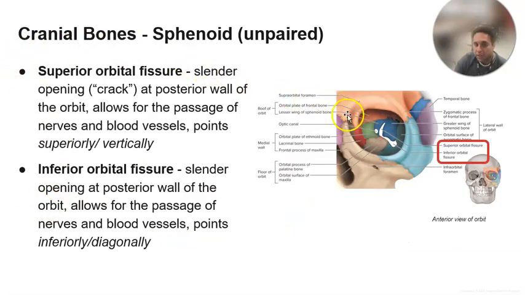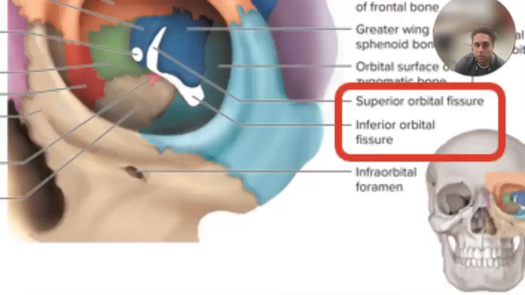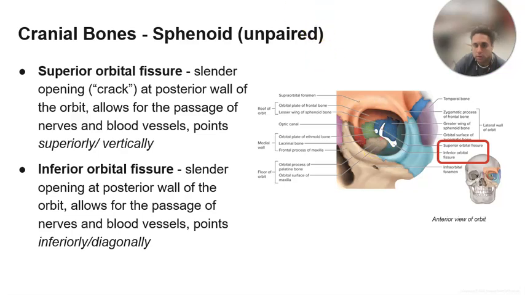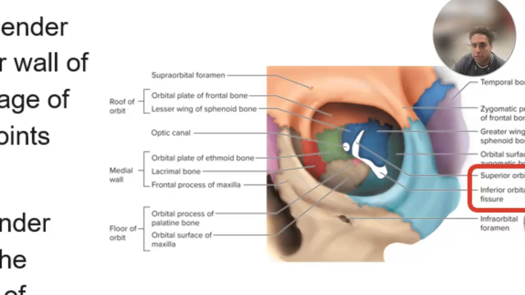So when we're looking at the sphenoid bone, we have the superior orbital fissure. If we zoom in here, this is called the superior orbital fissure, and this is the inferior orbital fissure.